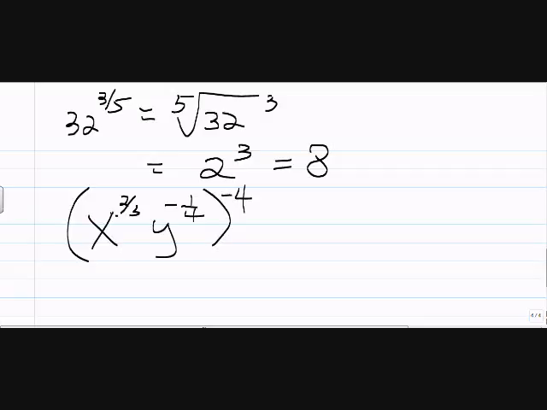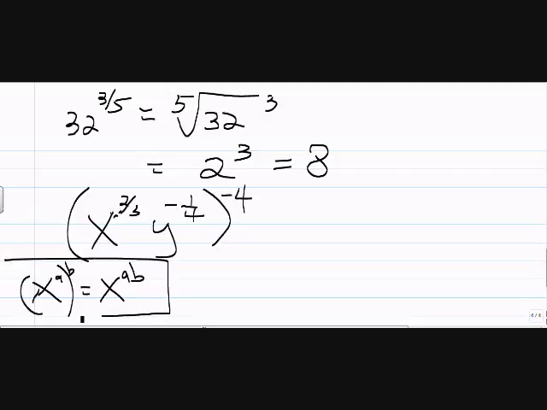So if I have like x to the a to the b, that is x to the a times b. I remember that rule. Of course, I've taught it a billion times.